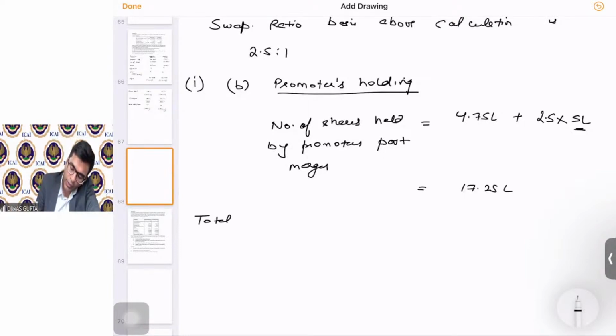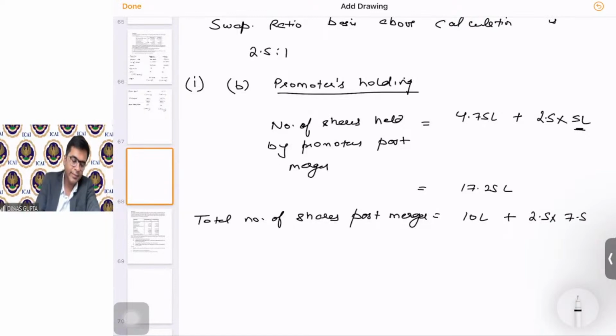And the total number of shares post merger, students, will be how much? 10 lakhs as is, plus 2.5 times on 7.5 lakhs, because the 7.5 lakhs for Healthy Limited will attract an issue ratio of 2.5 times. So 7.5 into 2.5 gives us 18.75, plus 10, so 28.75 lakhs.